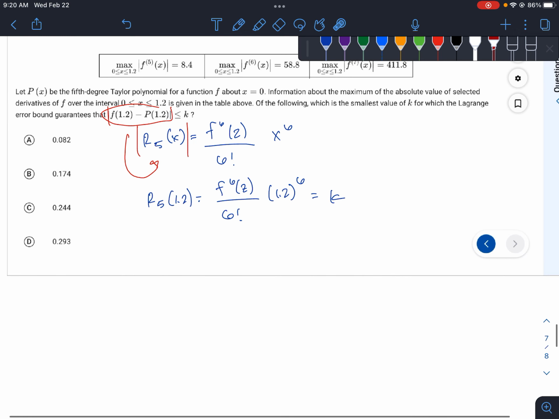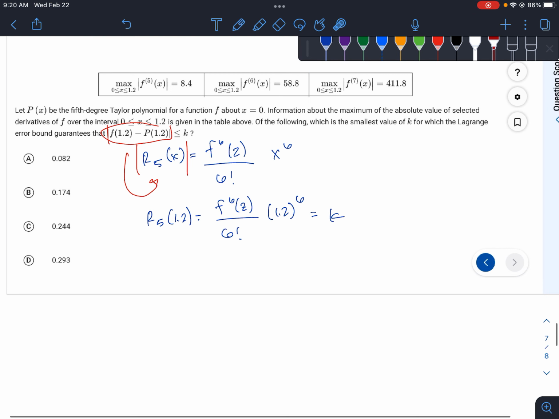Alright, so now we can just solve for k, but note that we're going to have to replace the maximum value. Since we don't know what z is, we're going to maximize this value right here. You can see that we're given the sixth derivative of f here, so that's what this table was for.